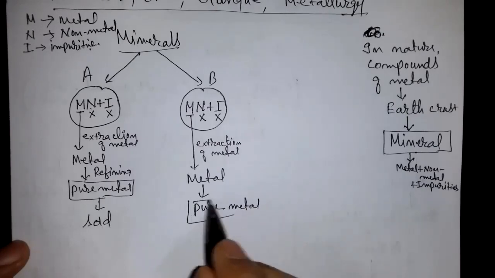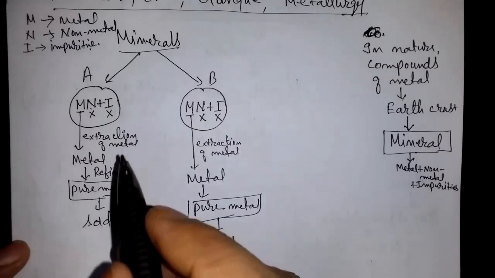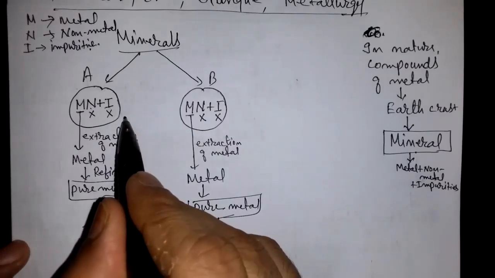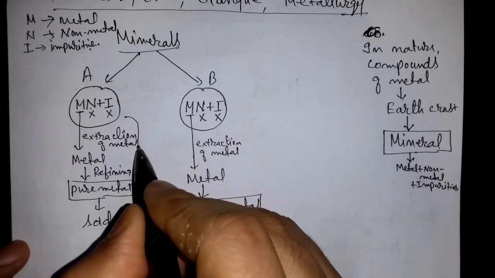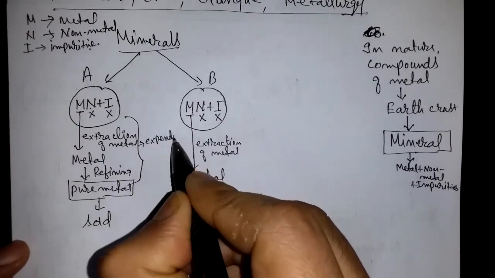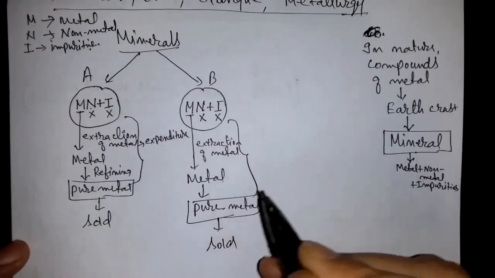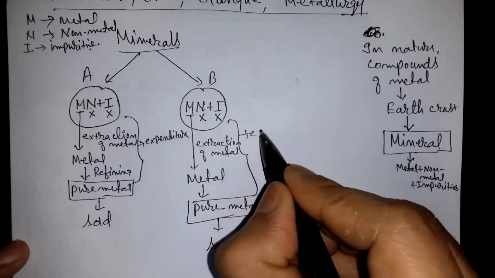And after turning into pure metal, this also will be sold in the market. Now, in the process of getting pure metal, there will be some expenditure. So here also, in the process of getting pure metal, there will be some expenditure.